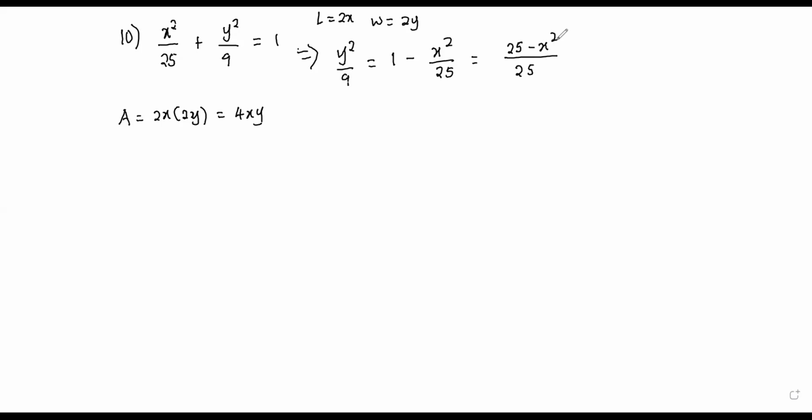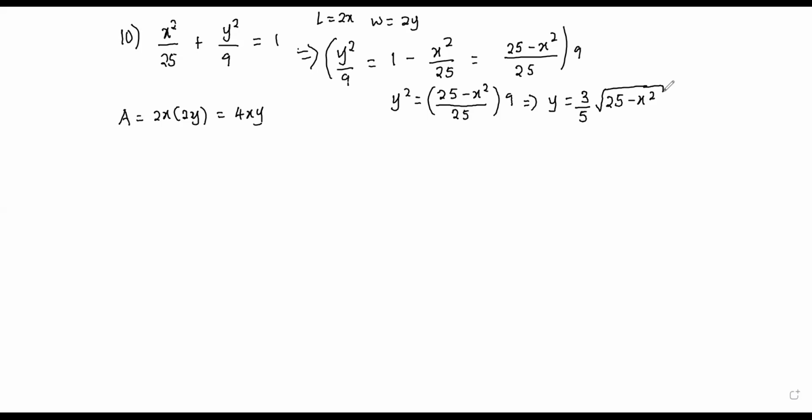If we cross multiply by 9, we're going to have y squared is equal to 25 minus x squared over 25, and then the whole thing times 9, which when we root it, we'll have y is equal to 3 over 5 times the root of 25 minus x squared.